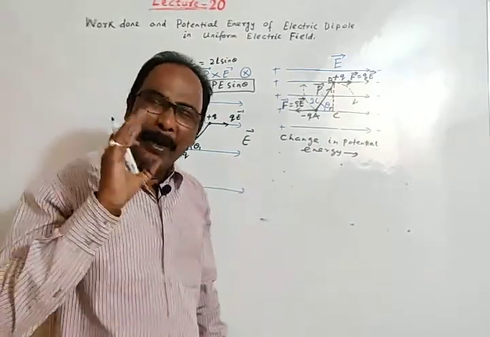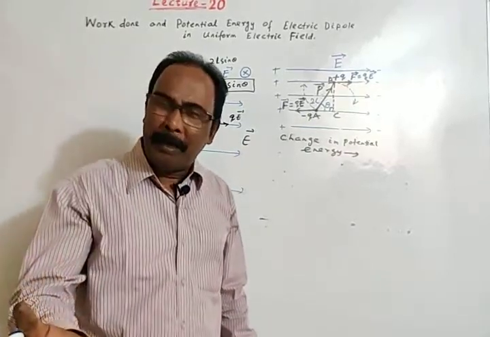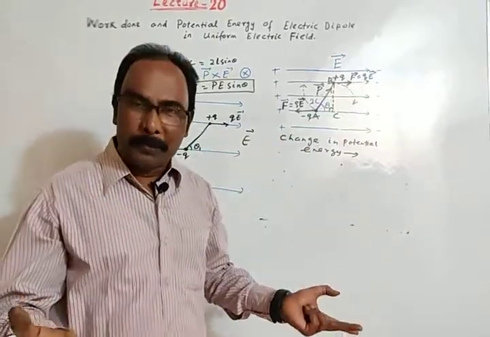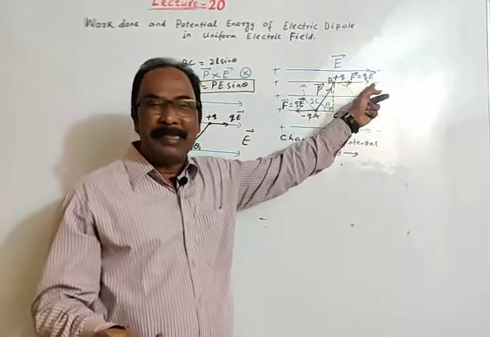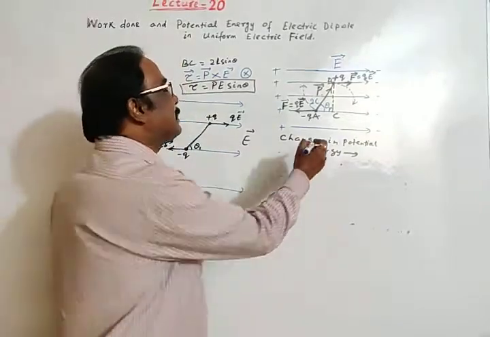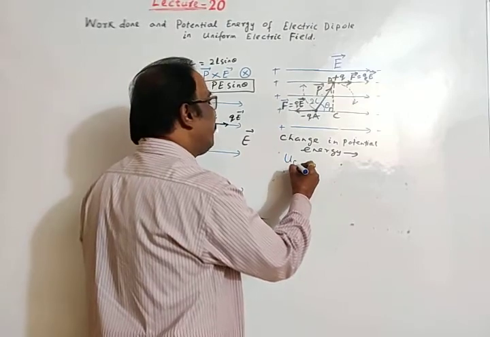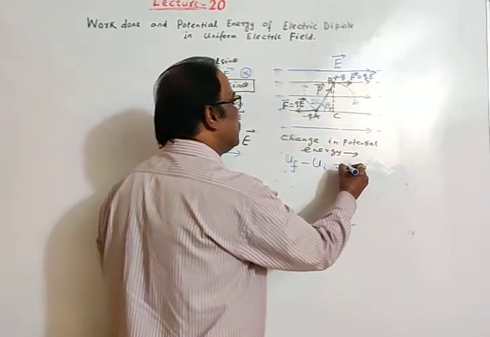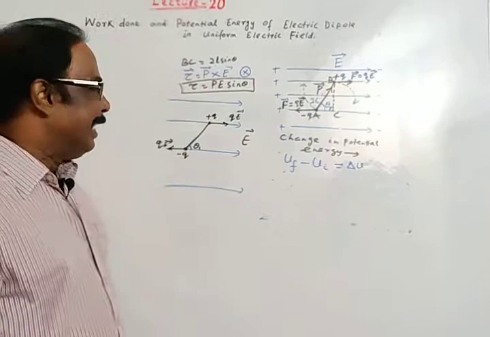Again we know the electric field is a conservative field and force due to the electric field is a conservative force. Torque is produced due to these two forces. So here force is conservative. Then change in potential energy, we may write it as final potential energy minus initial potential energy, is equal to change in potential energy.